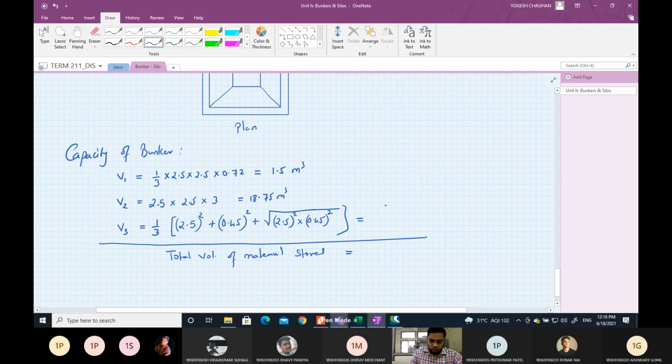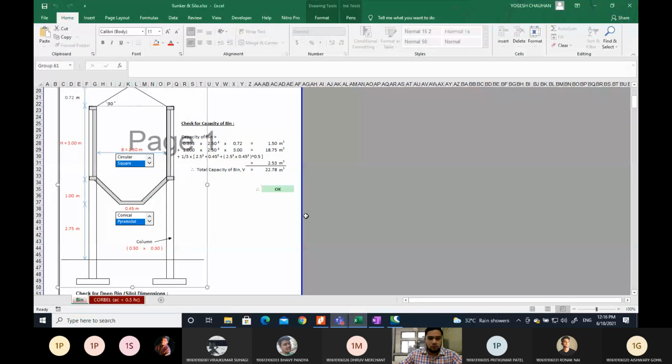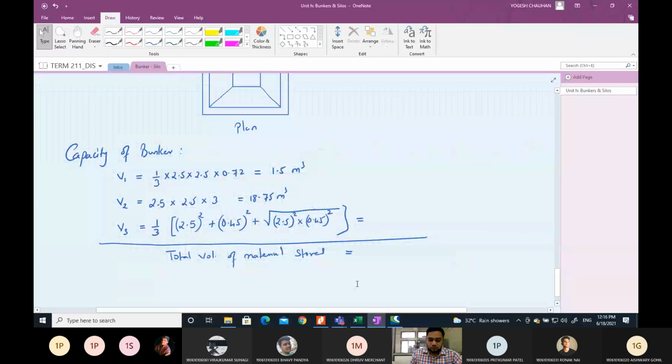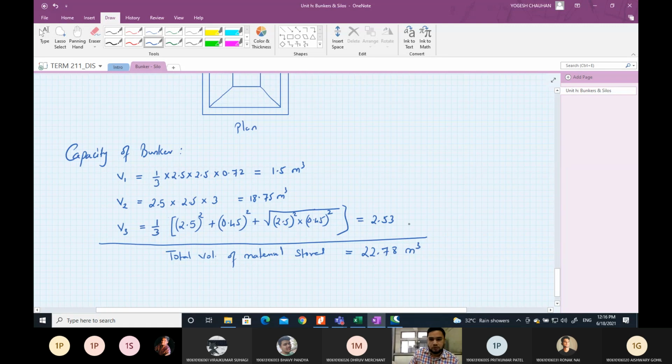And this one, it is 2.53. So the total would be 22.78 meter cube.